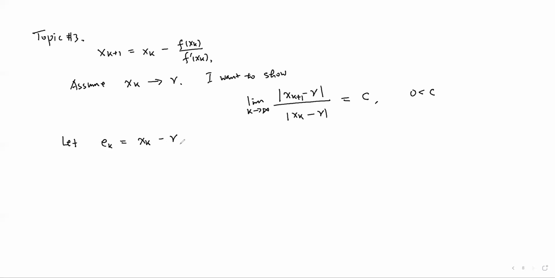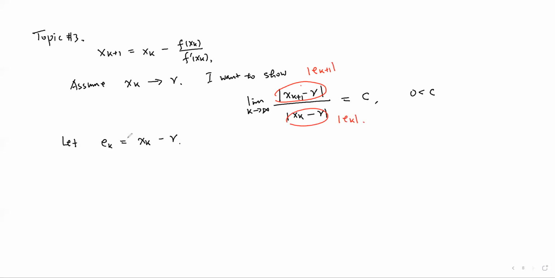So in this limit, the top is the absolute value of e_{k+1}, and the bottom is the absolute value of e_k squared.